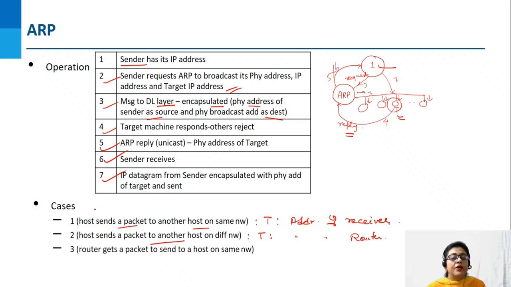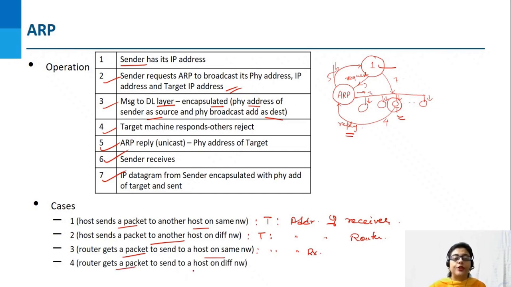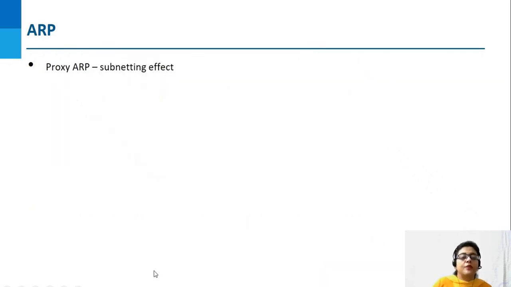Number 3, a router gets a packet to send to a host on the same network, then this will be the address of the receiver again. Number 4, the router gets a packet to send to a host on a different network, then it will be the address of the router. There is a term which is known as proxy ARP.